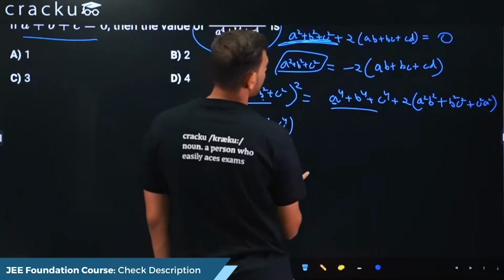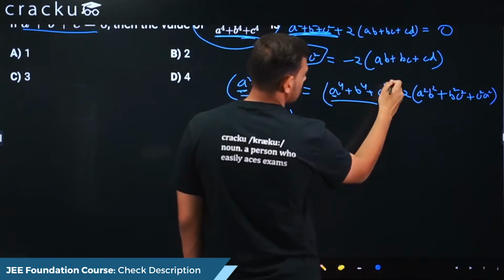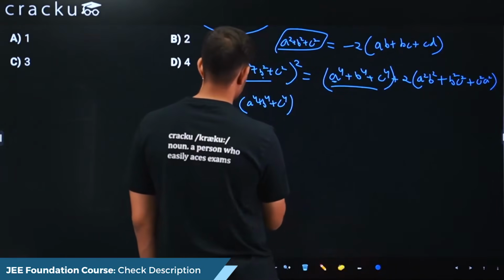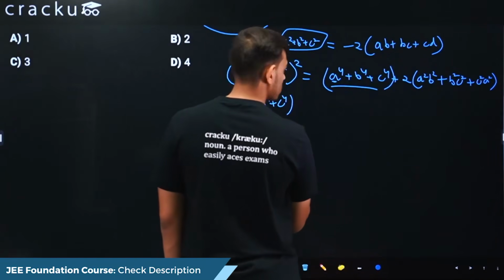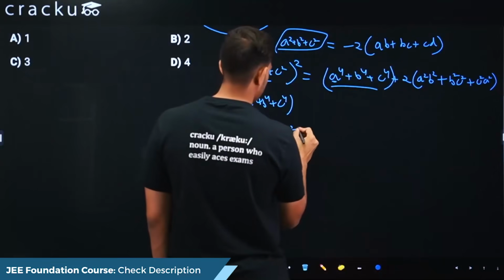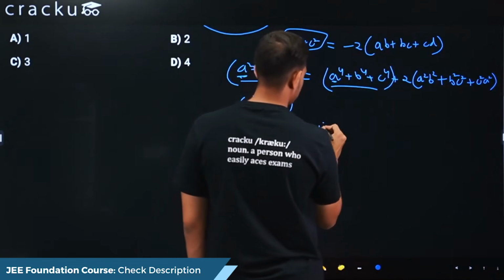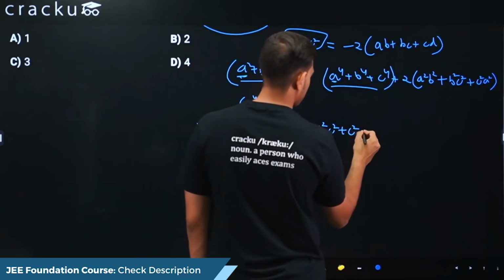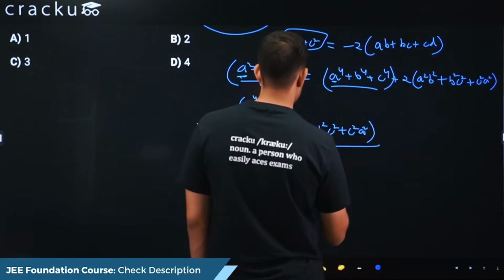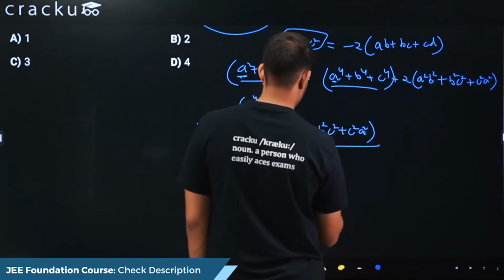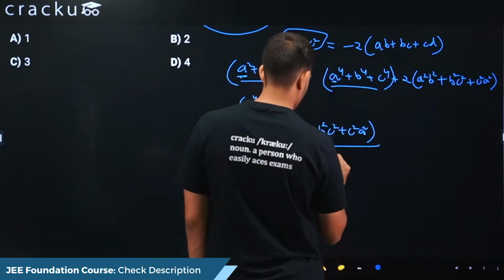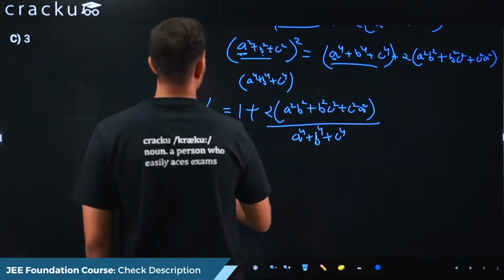If I divide right hand side, this divided by this is 1 plus twice of a square b square plus b square c square plus c square a square divided by a4 plus b4 plus c4. Okay, so this will be the value of our expression.